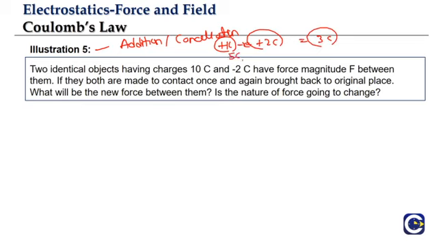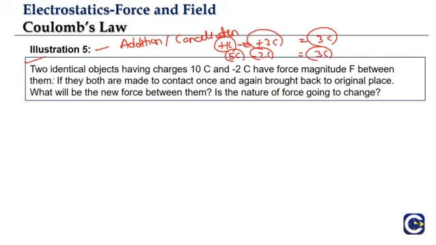If you have a charge of 5 coulomb and a charge of minus 2 coulomb, when we bring them together, the total charge is going to be 5 minus 2, it is going to be 3 coulombs. So this property is basically what we call additivity of the charge. So charge will add if it is of same nature, and it will cancel if it is of opposite nature.